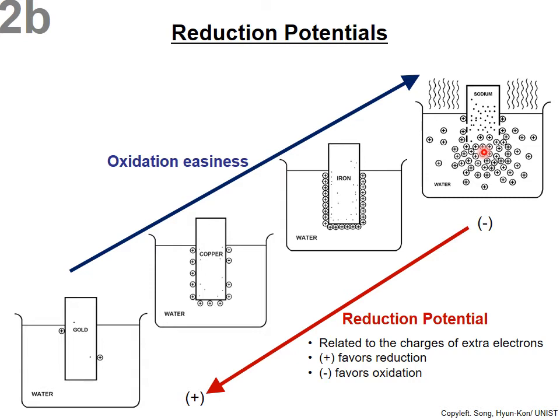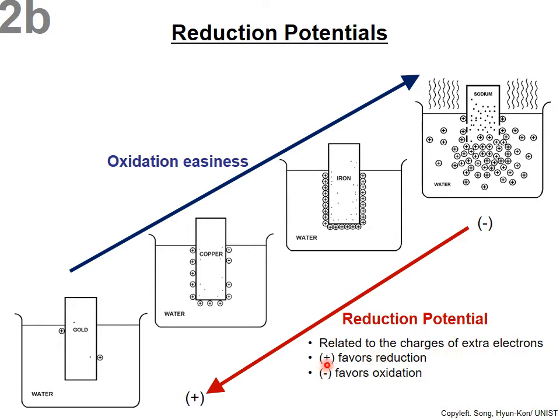Of course, actually the reduction potential of gold is not minus 2, some value. But anyway, the truth is that gold would show the most positive value of reduction potential. Again, reduction potential is related to the charges of extra electrons.